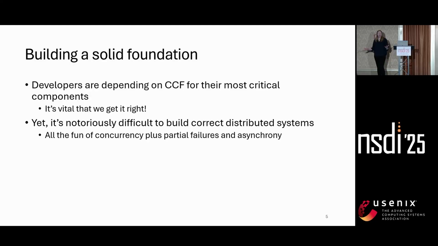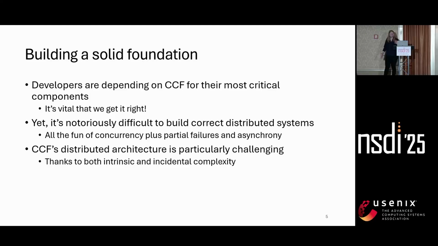And these are smart people. These are smart people who are smarter than I am. And even then, we still find quite fundamental safety bugs in these systems. And it's just a hard problem, right? Distributed systems, you've got all the fun of concurrency and reasoning about concurrency combined with asynchronous messaging and partial failures. There's just a lot going on.